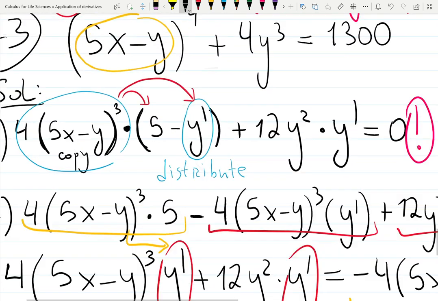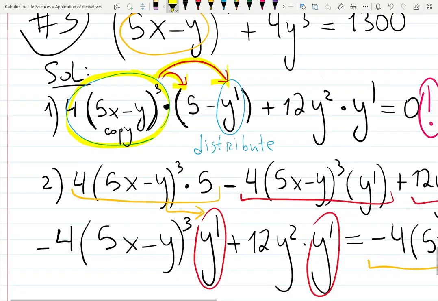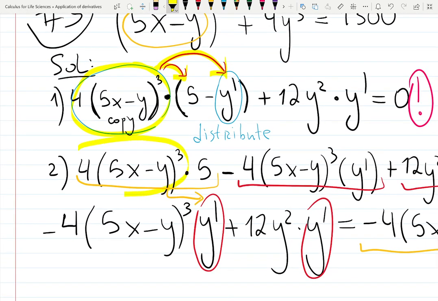Distribution is like here is the part, and I'm multiplying it by 5, minus, and I'm multiplying it by y prime. So I'm repeating this part twice. Distribute means you multiply out, piece by piece, saving the minus between.